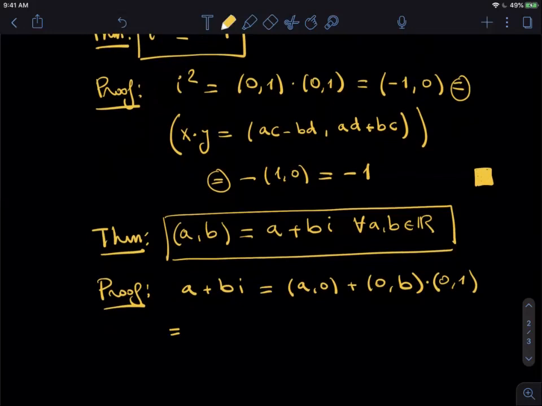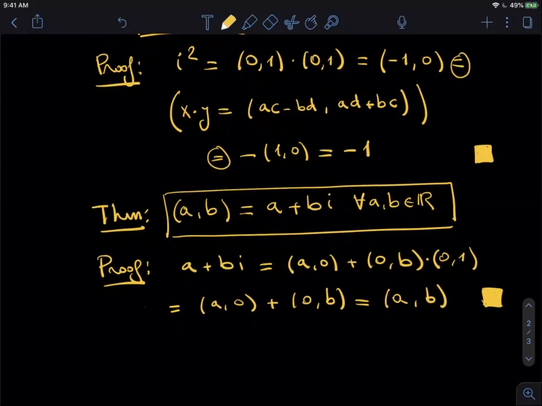Now let's do the multiplication and see what we get. When we do the multiplication, we are going to get (a, 0) plus (0, b), and that gives the pair (a, b). So again, here we basically used the definition to reshape the expression we had.